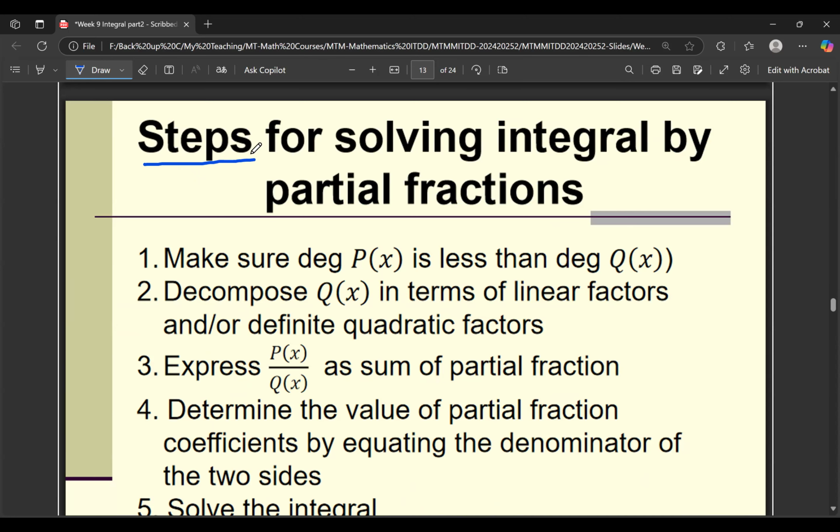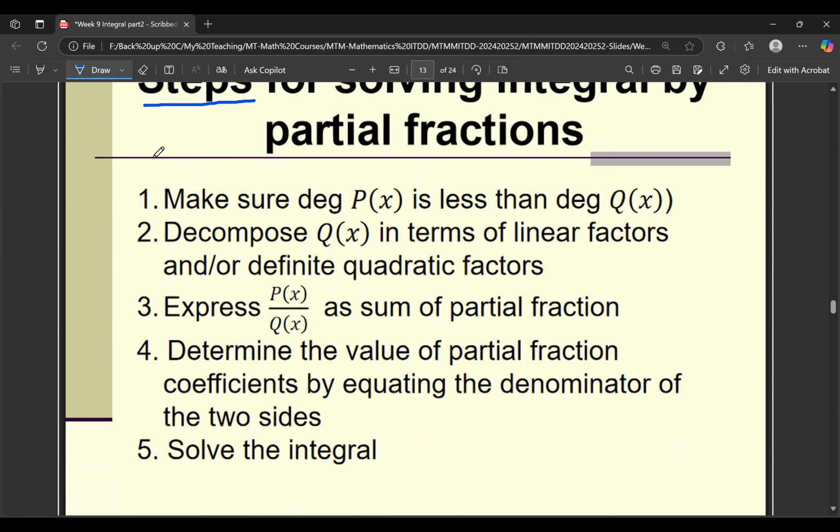So these are the steps for solving an integral by partial fraction. First, make sure that the degree of Px is less than the degree of Qx.